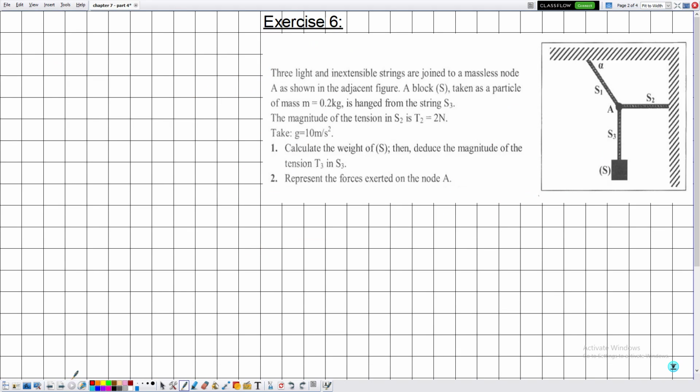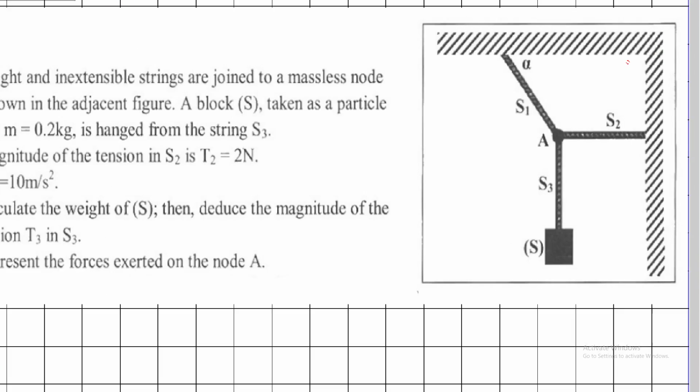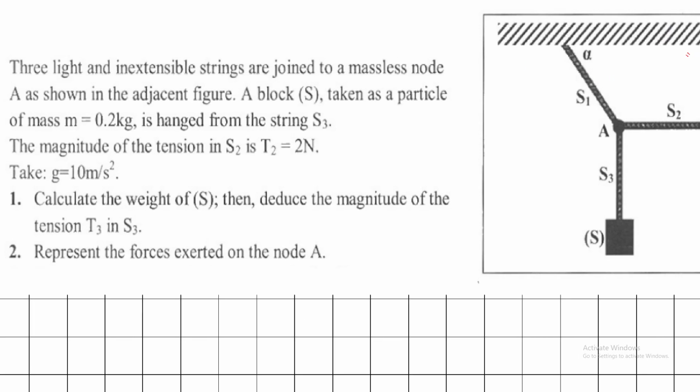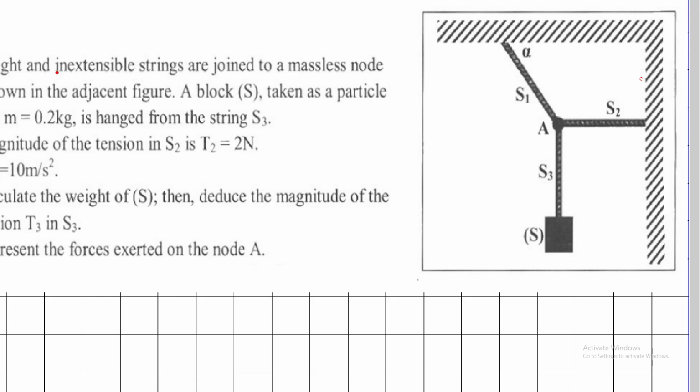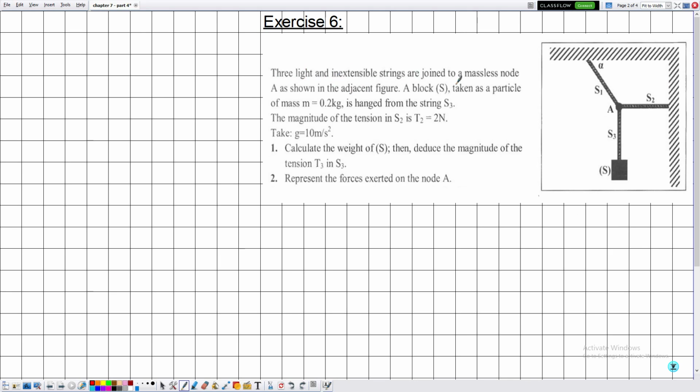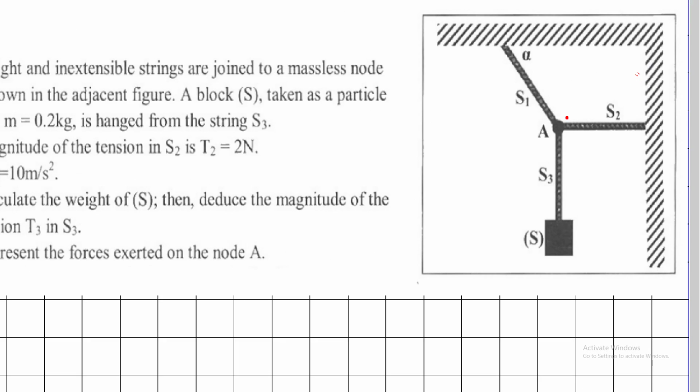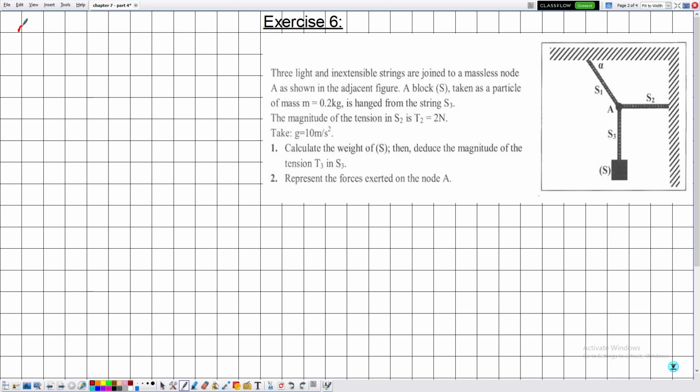Now they are telling me 3 light and inextensible strings are joined to a massless node A. So here the strings that we have, S1, S2 and S3, are inextensible, which means that they transmit tensions at both ends. So we have the node A, the mass of the node A is 0.